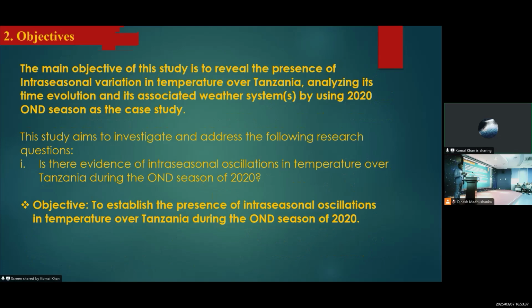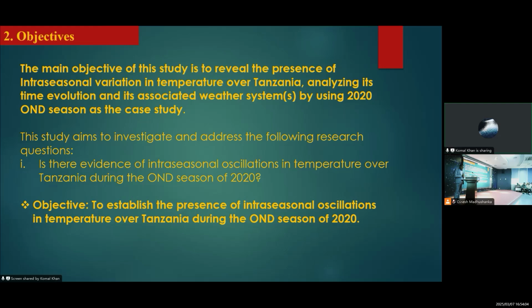The main objective is to discover if this variation exists in temperature, and to analyze its time evolution. If it exists, then we have to know how it evolves with time, and we also want to know the system associated with it.